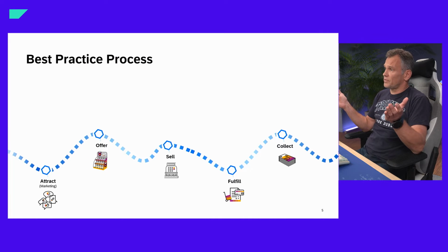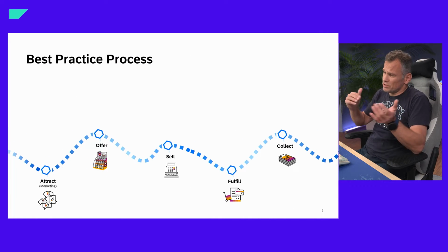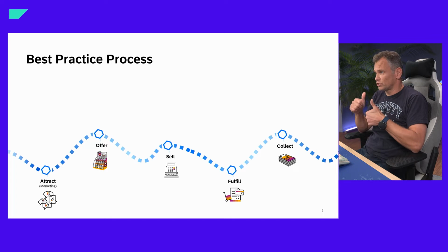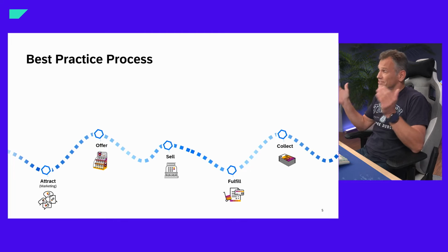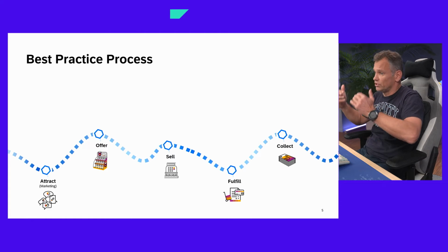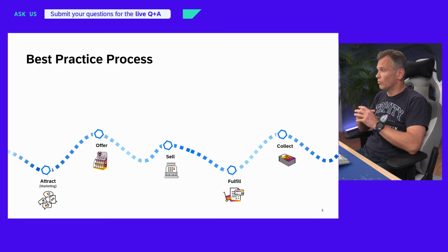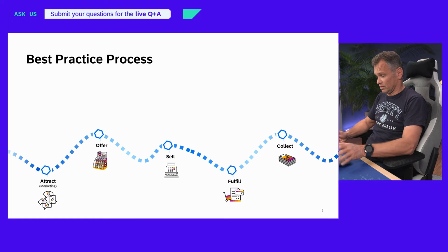If we look at this process, it has multiple steps, typically also multiple use cases. In this case, first of all, you need to attract somebody, create an offer for that person, sell your product to that person, and then fulfill your order, delivering the product or a service, and in the end, hopefully you're able to collect the money to generate your revenue.